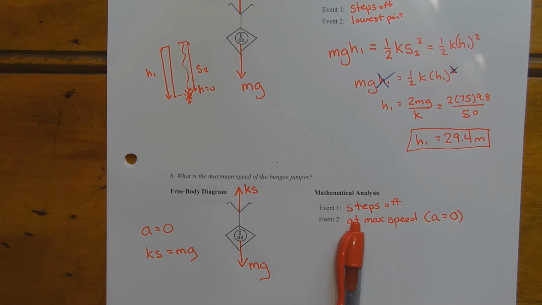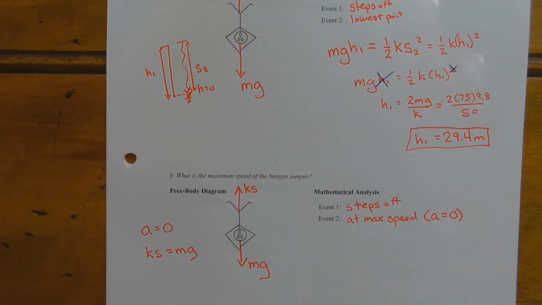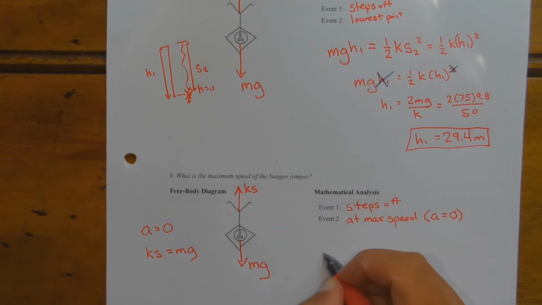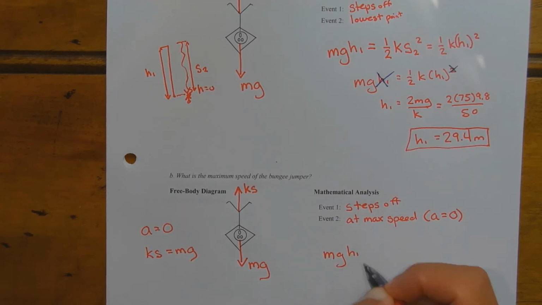Because event 1 is the same as what event 1 was in part A, on the left-hand side of the equation for my work-energy relationship, I just have gravitational potential energy.